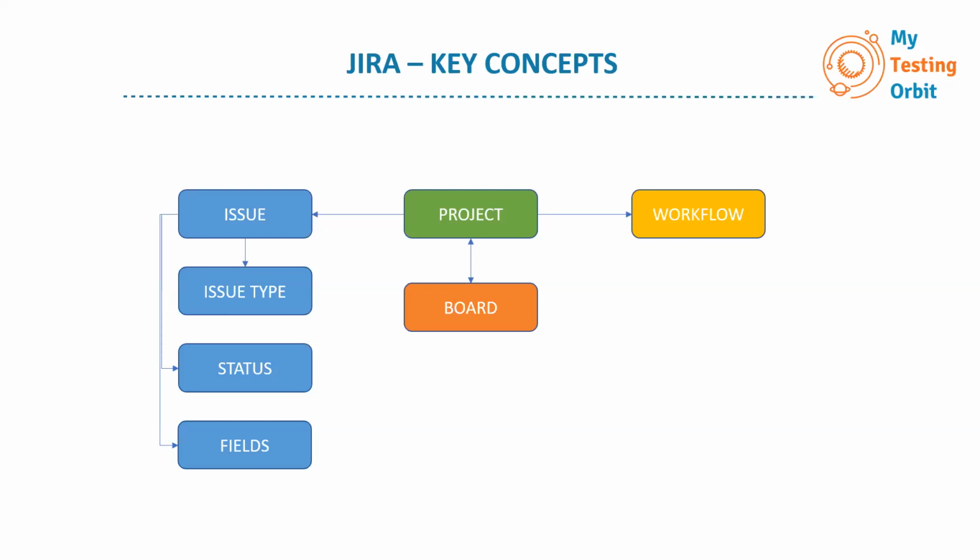Because when we work more, we'll get to know that by default there is never a status type of reopen. But as a tester, I want that if I have reported a bug and it's fixed and I have tested it again, and it's still not fixed, then I don't want it to go to the open state. I want it to go to reopen, because at the end I will have the metrics of how many bugs were reopened.